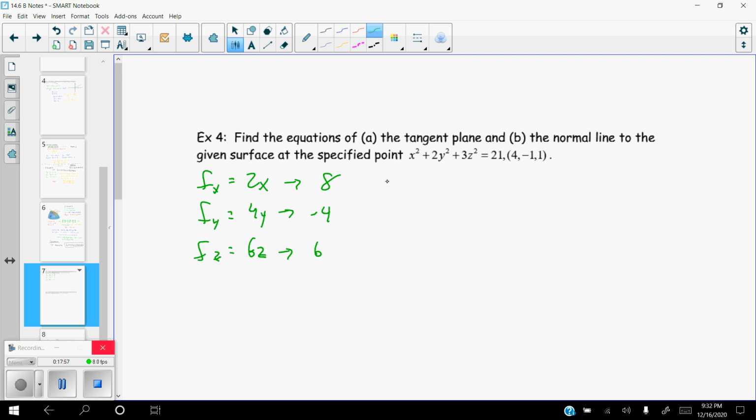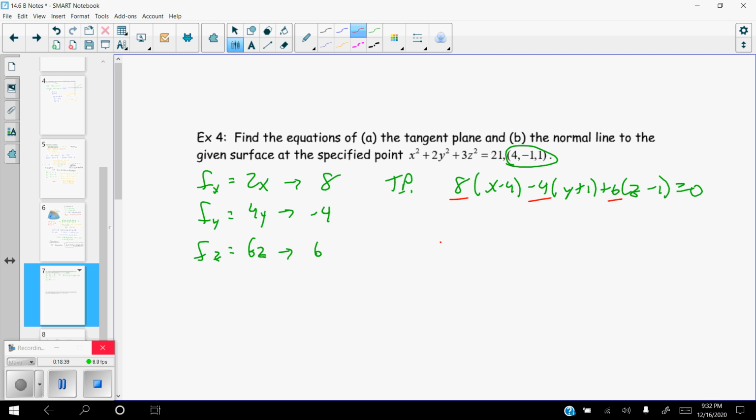Plug them into the equation for the tangent plane. So we're going to get 8 times x minus 4, minus 4 times y plus 1, plus 6 times z minus 1 equals 0. Now, if I want the equation of the normal line that hits that point, I have the point. I also happen to have a perpendicular vector, that's given to us by a, b, and c.